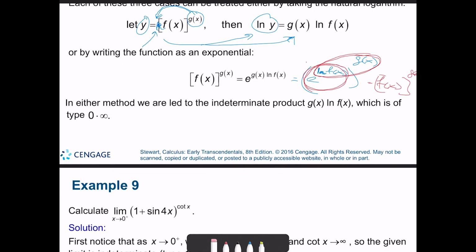In either method, we're led to the indeterminate product g of x times the natural log of f of x, which is of the type 0 times infinity. That's great, because we already know how to work with 0 times infinity. We just talked about that.